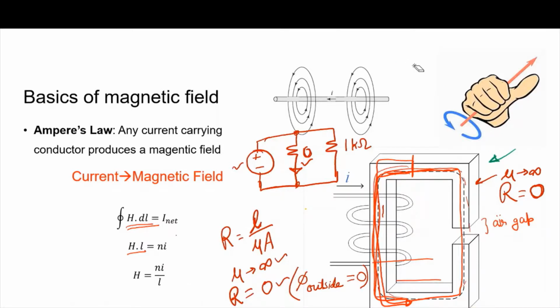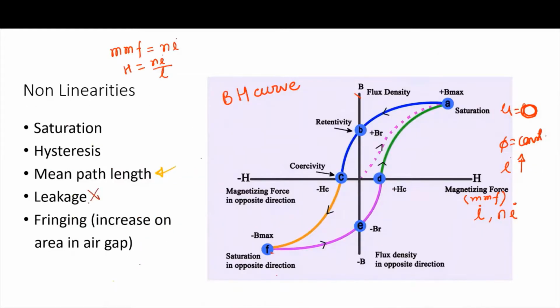Somebody making magnetic material aims for a material which is infinitely permeable, with no saturation, no leakage, and so on and so forth. Next, fringing.